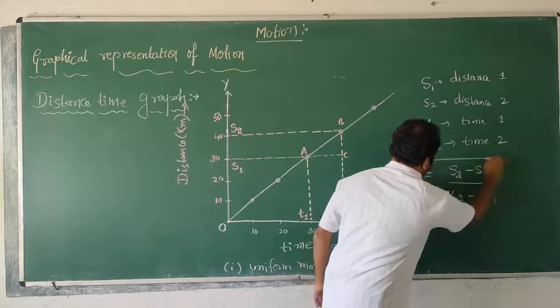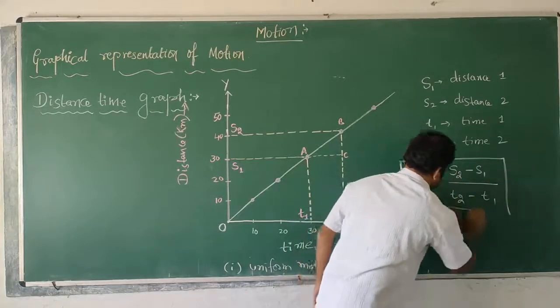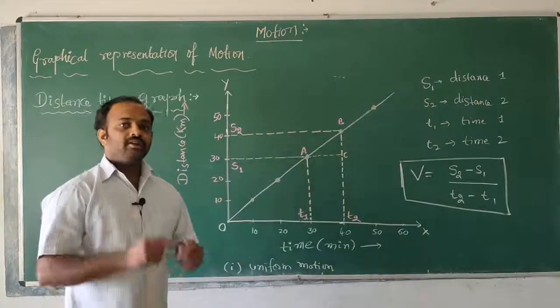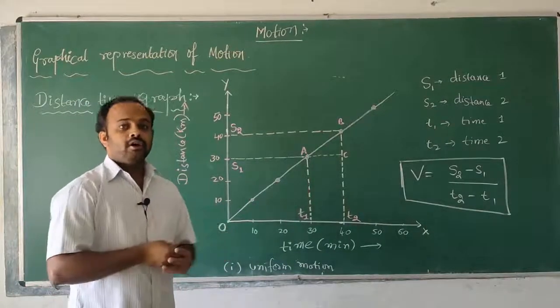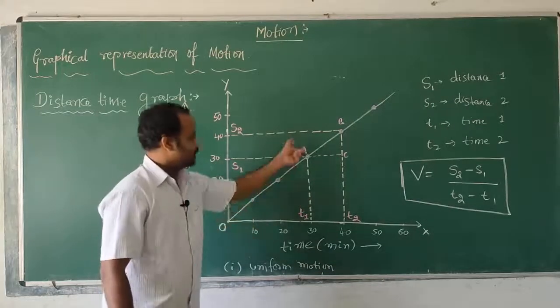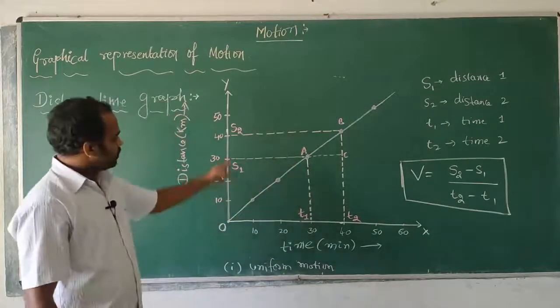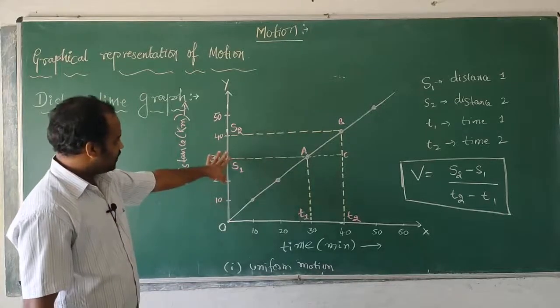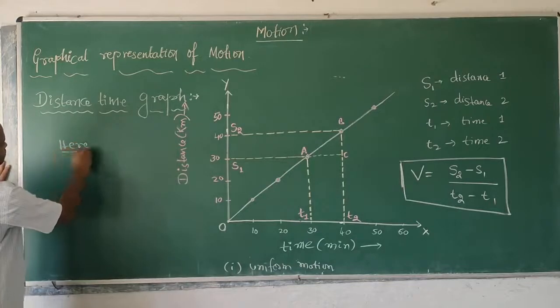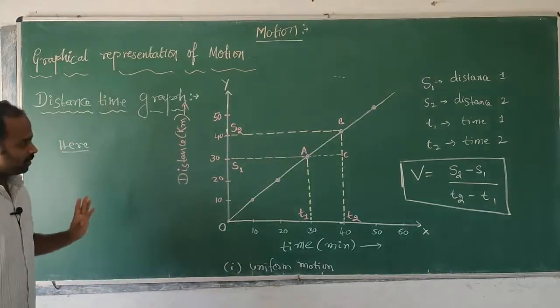Using that equation we can find velocity of an object at any point. Just we will do one problem here.